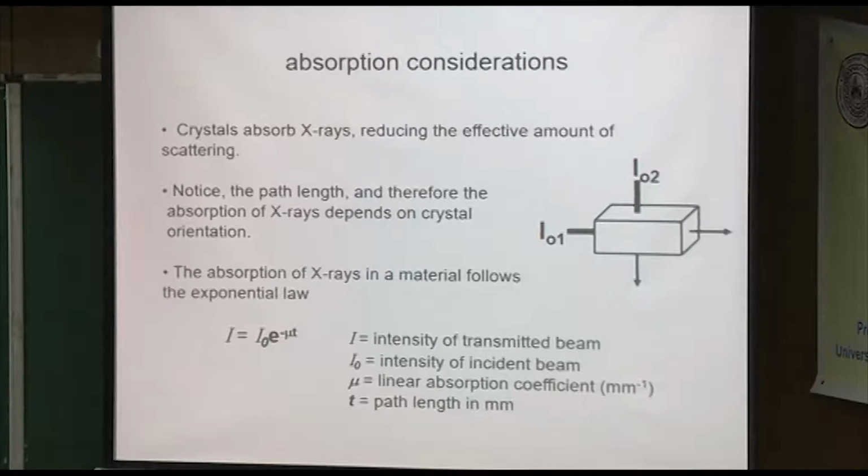It's very nice because, particularly when you consider that some people want absolute configuration and some people want to use heavy elements, other people want to use all organic elements, just carbon, nitrogen, oxygen, hydrogen. The choice of radiation can make a big difference in your success in getting a very nice result.